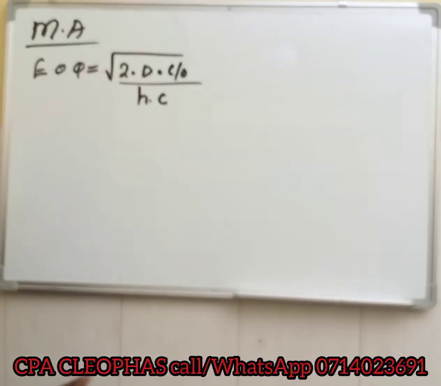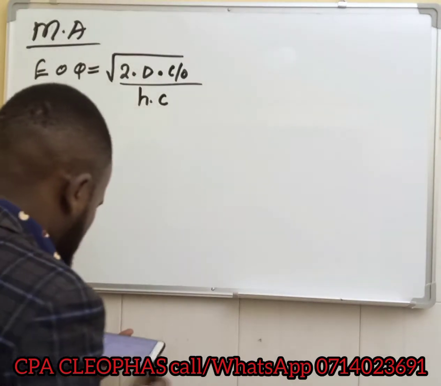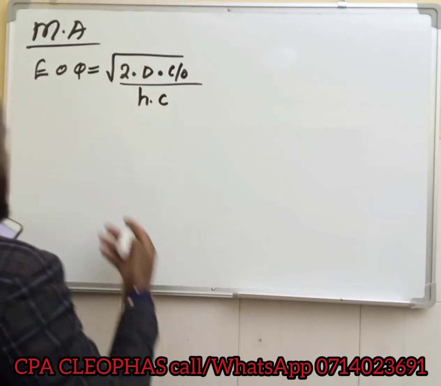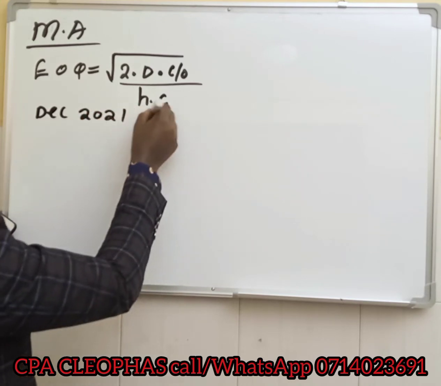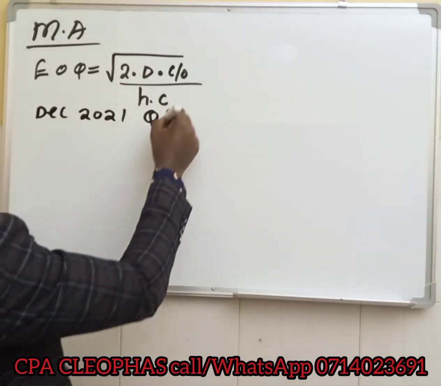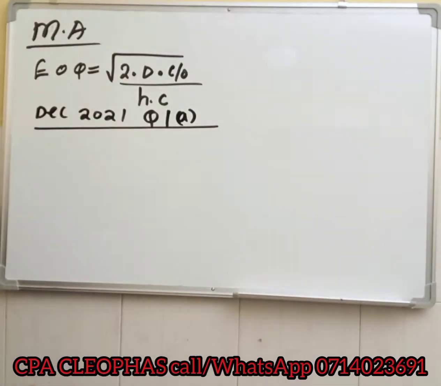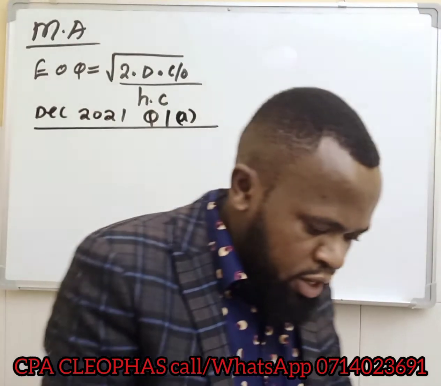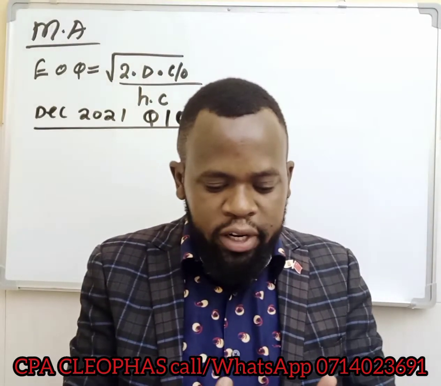Now, let's read the question. This is December 2021, question number 1A. We read the question. It says, Blade Limited manufactures a range of electronic products.